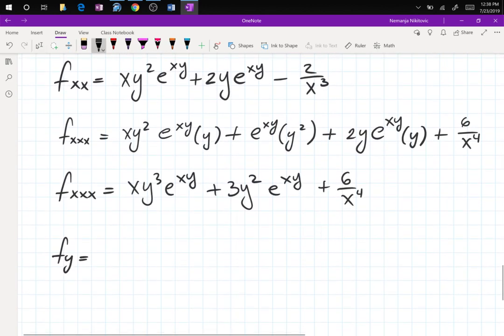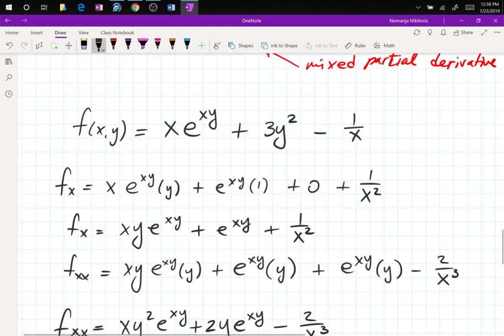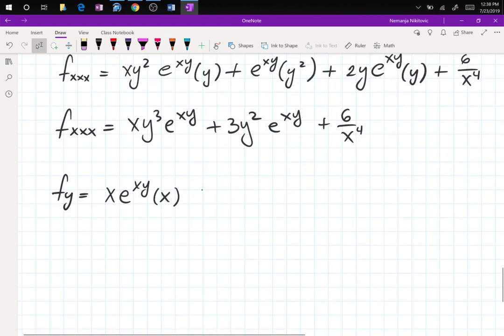I have x e to the xy times x, because the derivative in respect to y, x is a constant that pops down, plus 6y, and then minus 0, because 1 over x in respect to y is 0. So we have our first derivative here, and that will be x squared e to the xy plus 6y.